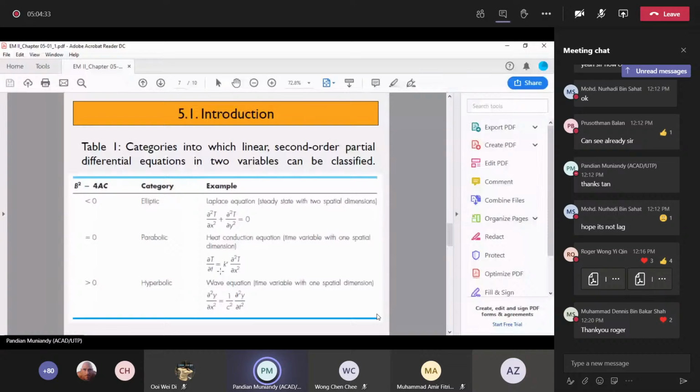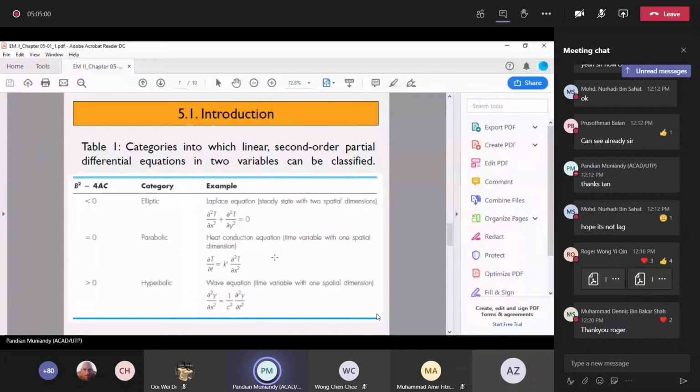That is the name. It is very important for mechanical engineering students because the heat conduction equation is very useful. This equation is time variable with one spatial dimension: the time variable is small t, and the one spatial dimension is x.